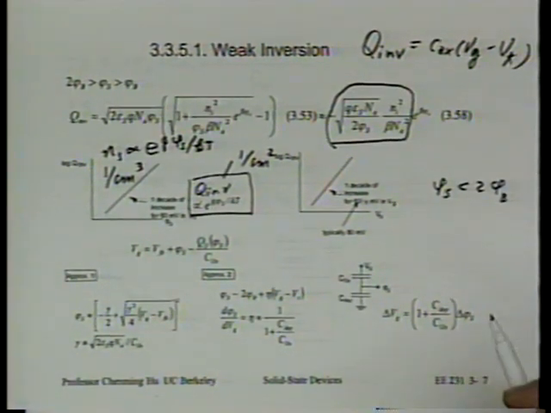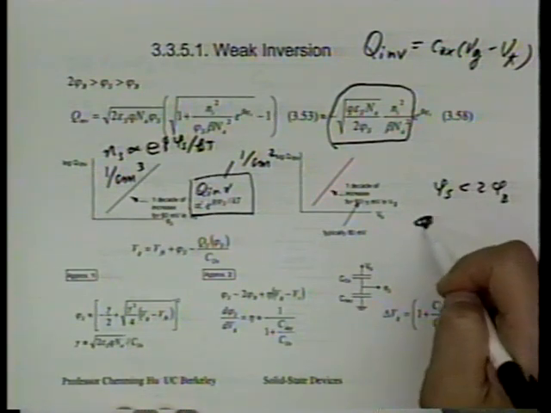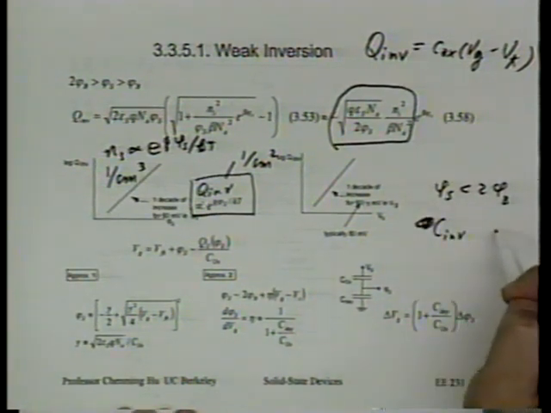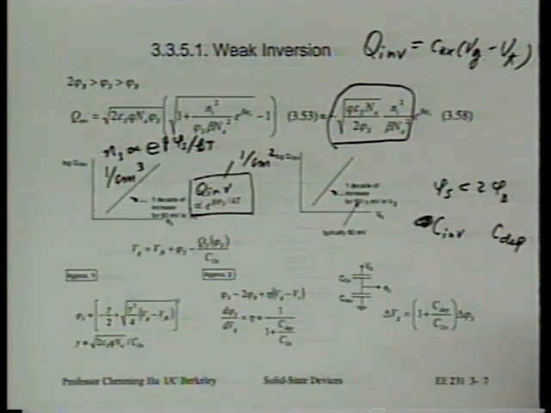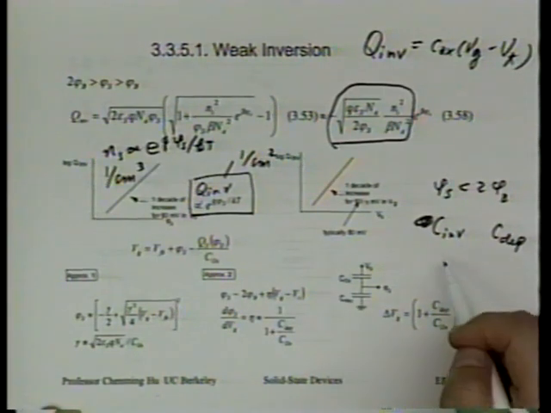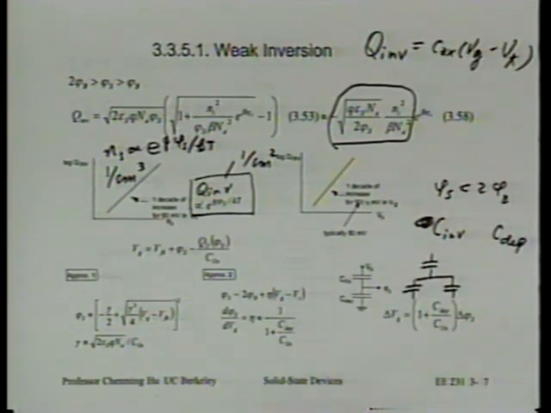If phi s is less than 2 phi b, can you tell me the relationship between C inversion and C depletion? Now let me remind you what C inversion and C depletion are. They are the components in this equivalent circuit, C inversion and C depletion.